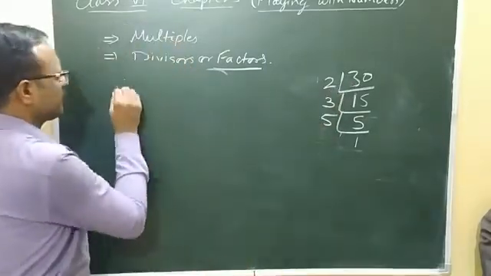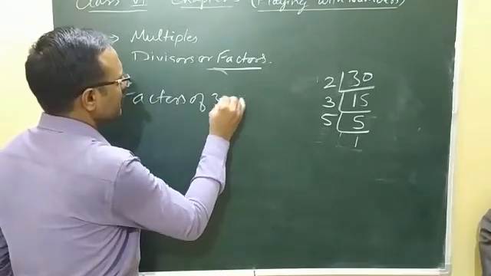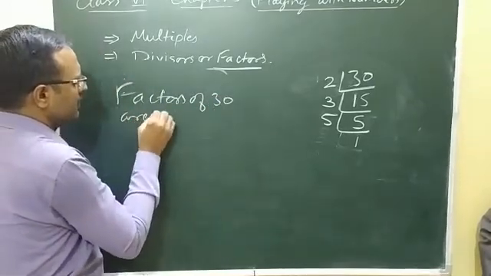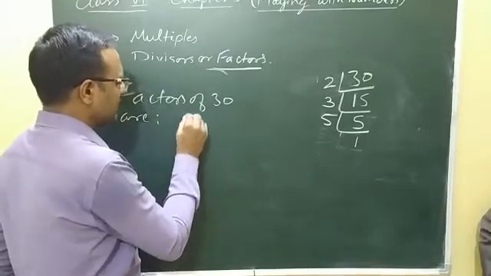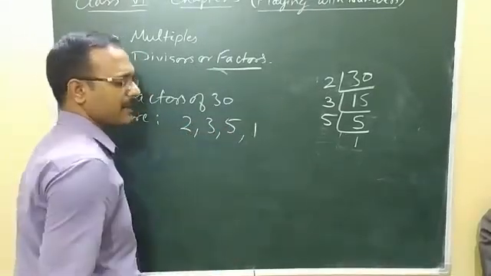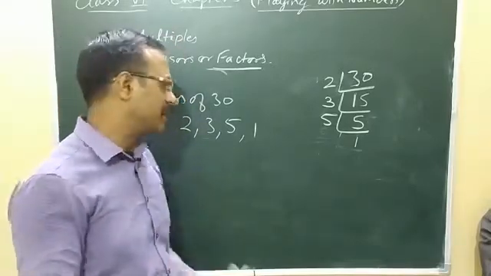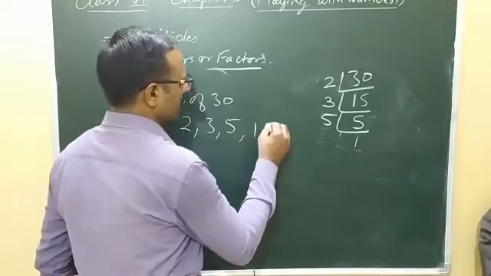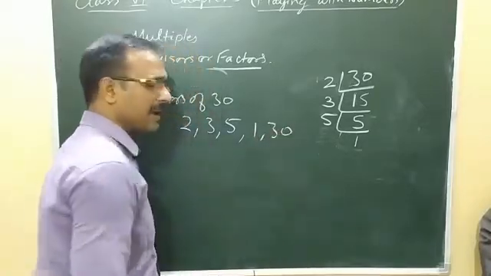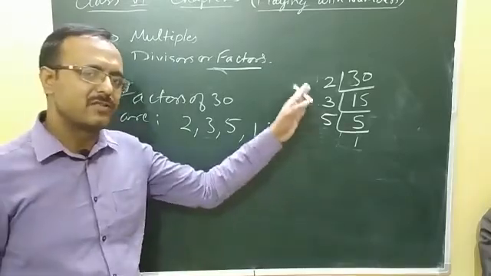The factors of 30 are the numbers which you can see here, that is 2, 3, 5. 1 will also be a factor, because for every number 1 is a factor, and the number itself also. So you can also write 30. Now, any other factors? There are also other factors which you can obtain.